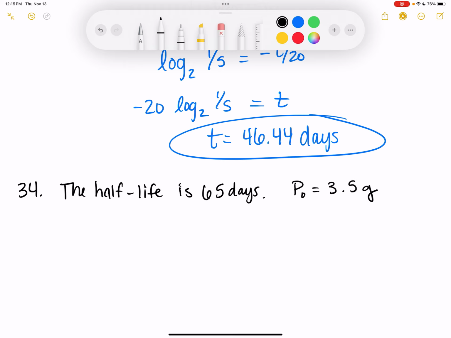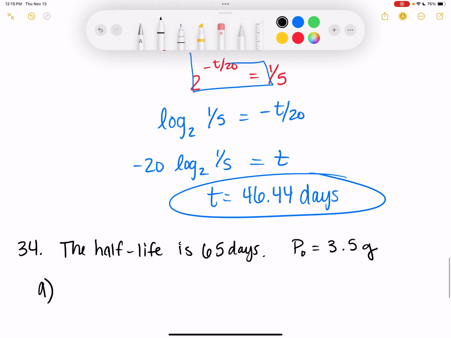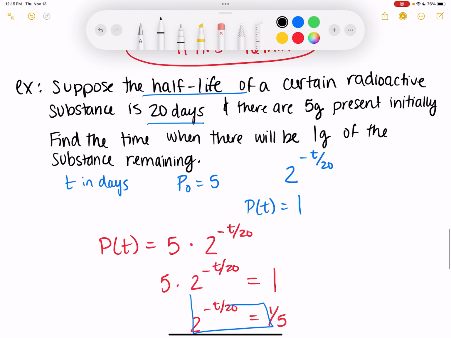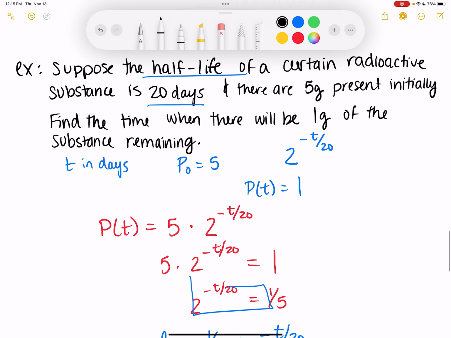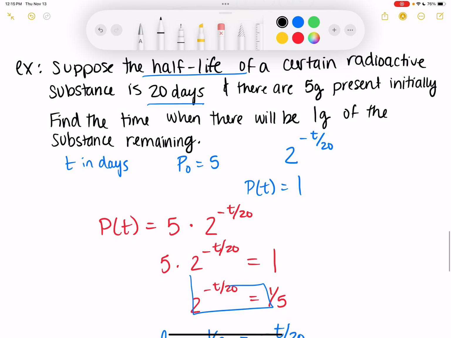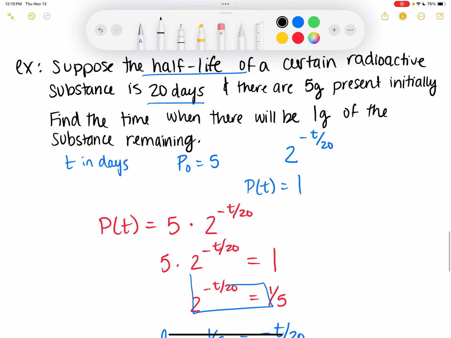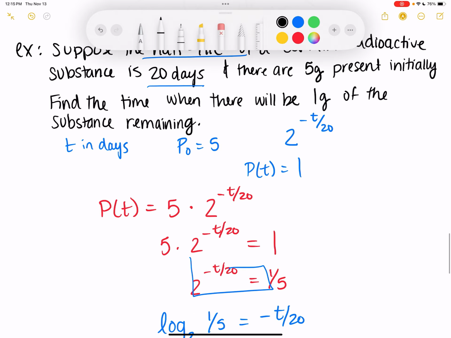So then part A, because technically this previous question would typically be a two-part question. It would tell you initially to express the amount of the substance remaining after like T days or whatever, and then it would tell you to actually solve for the amount.